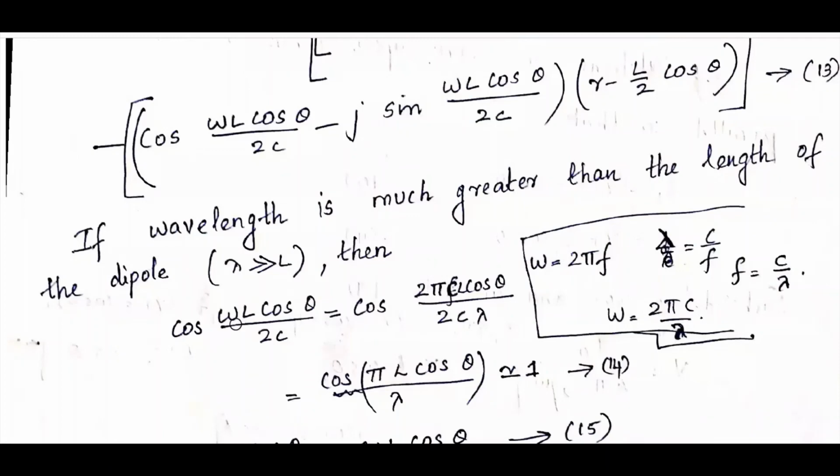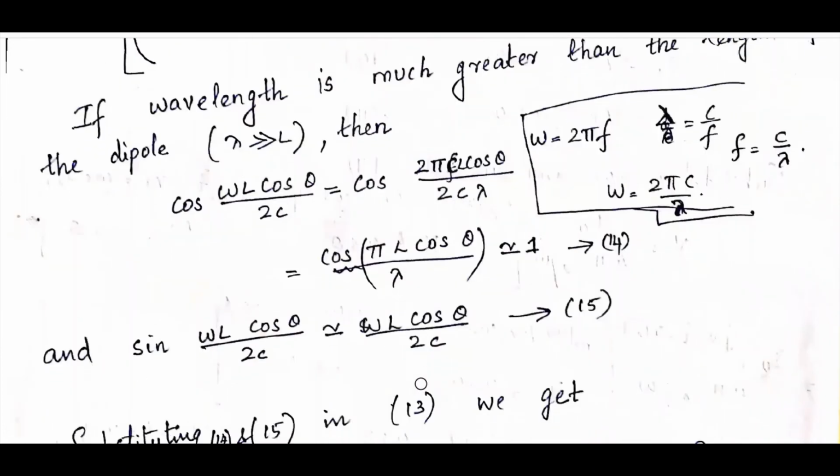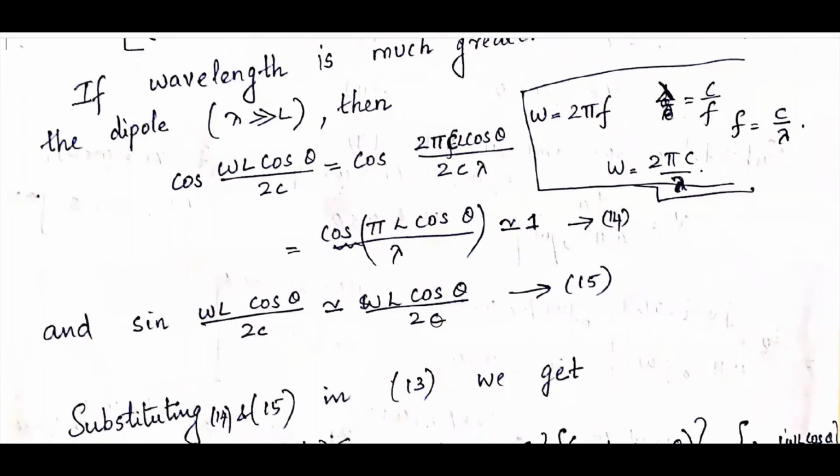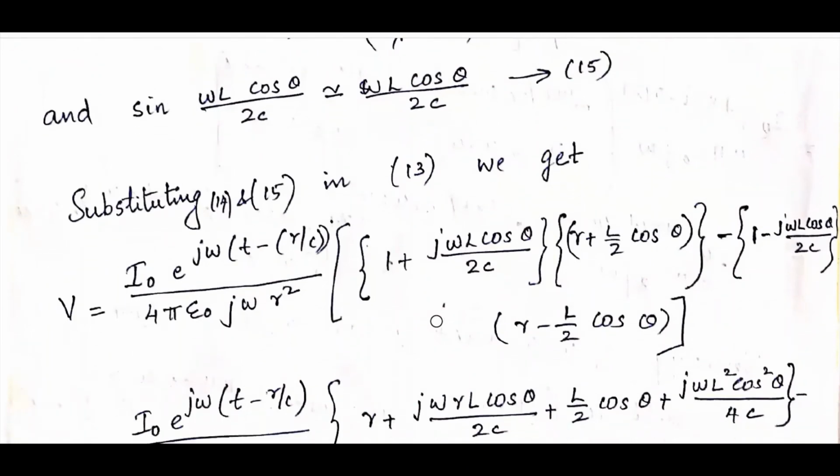So cos of omega L cos theta by 2c can be written as cos of pi L cos theta by lambda, which is like cos 0, so approximately equal to 1. Similarly, the sine term, sine theta, is approximately equal to theta. So substitute all this in the above equation.